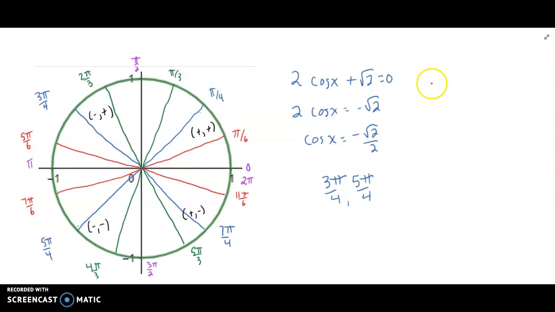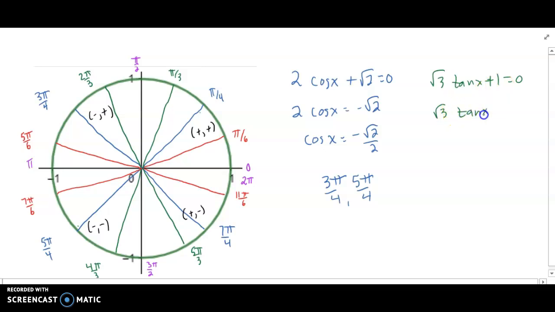How about this one? The square root of 3 tangent of x plus 1 equals 0. I've got a lot going on here, but I want to get that tangent by itself. So I'm going to start by taking that 1 and bringing it over to the other side, subtracting 1 to give negative 1. And then divide by root 3. I don't recognize that one, but I know I can rationalize it.